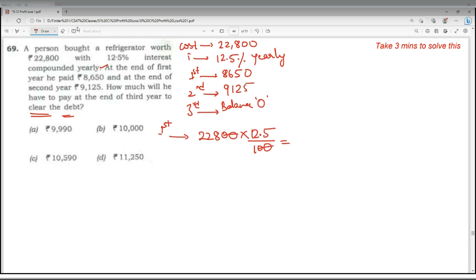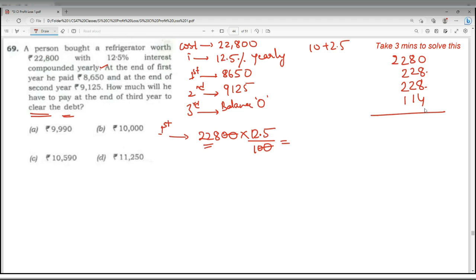Instead of multiplying the whole thing by 12.5, I would take this as 228 into 10 plus 2.5. 228 into 10 is 2,280. 2.5 times 228 is 228, another 228, and then half of 228, which is 114.